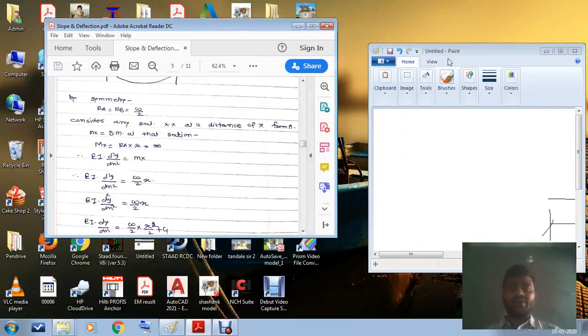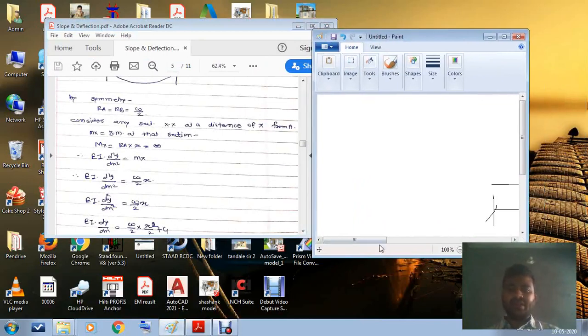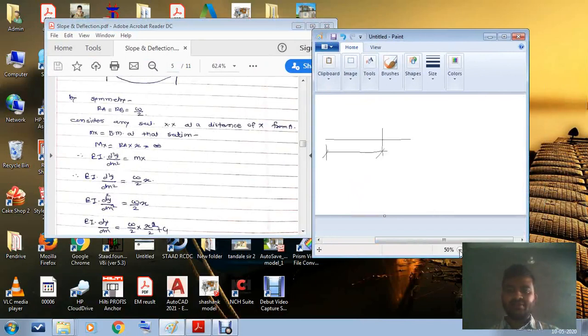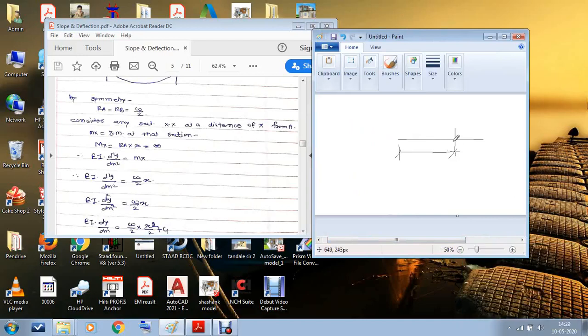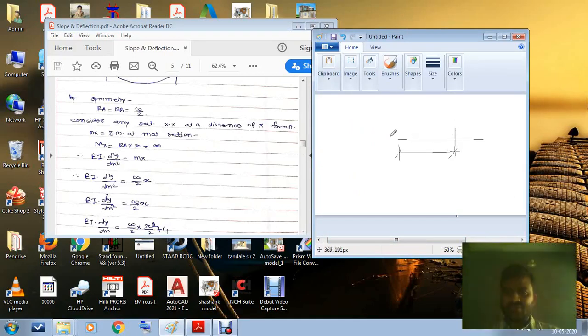What I have written here is: consider a section XX at a distance X from A. If we call this as A and this as B, so this is a beam.